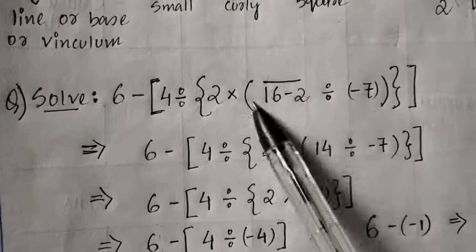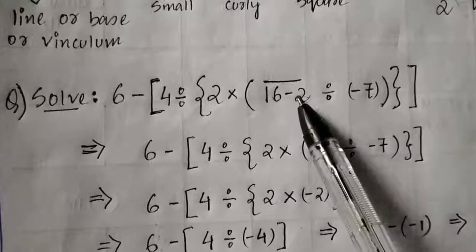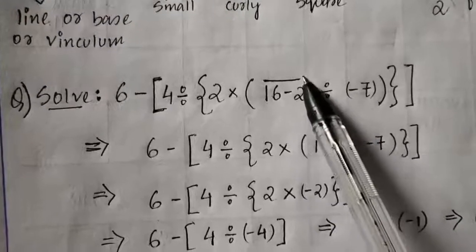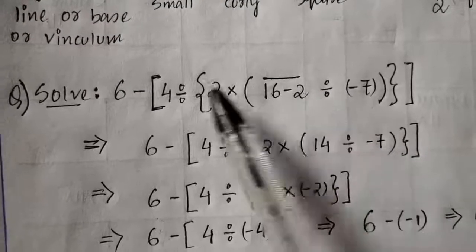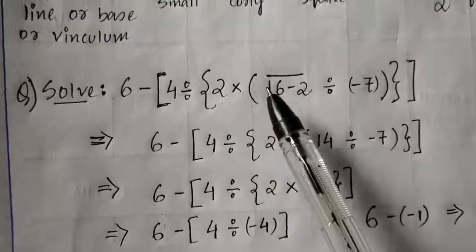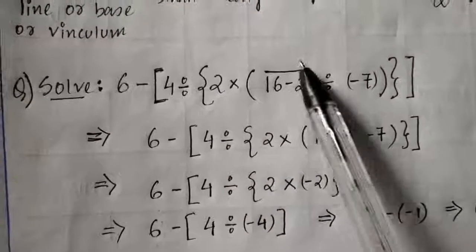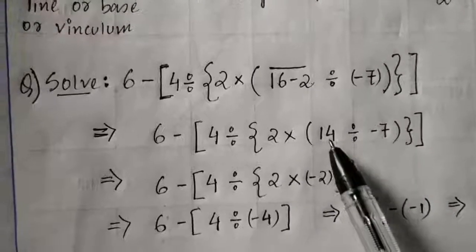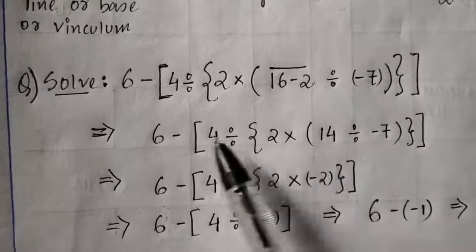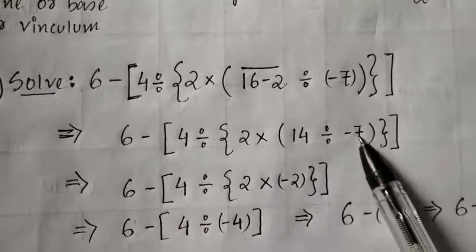So first we will solve 16 minus 2, and never solve two or three operations together. At a time we have to solve only one expression. So first is the line bracket: 16 minus 2 is 14, and all the other numbers are written as they are.